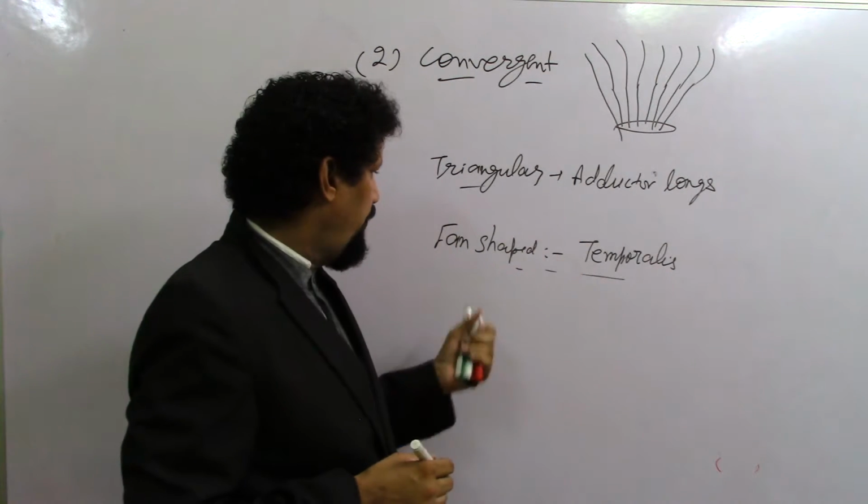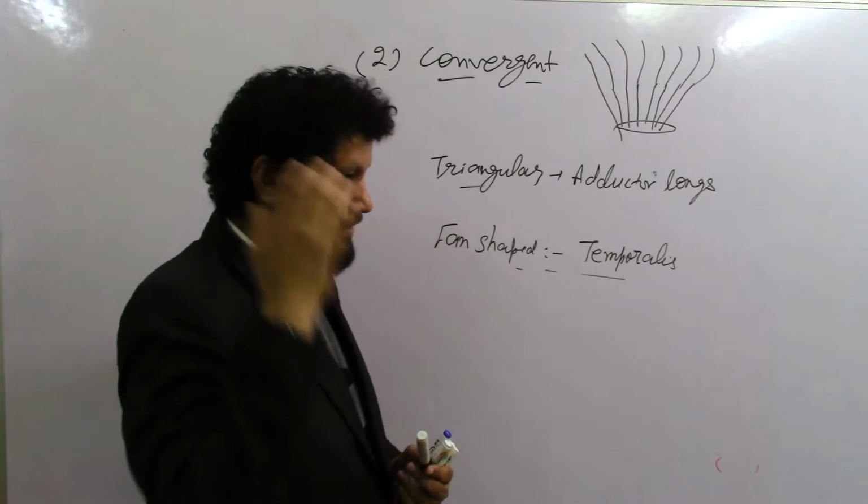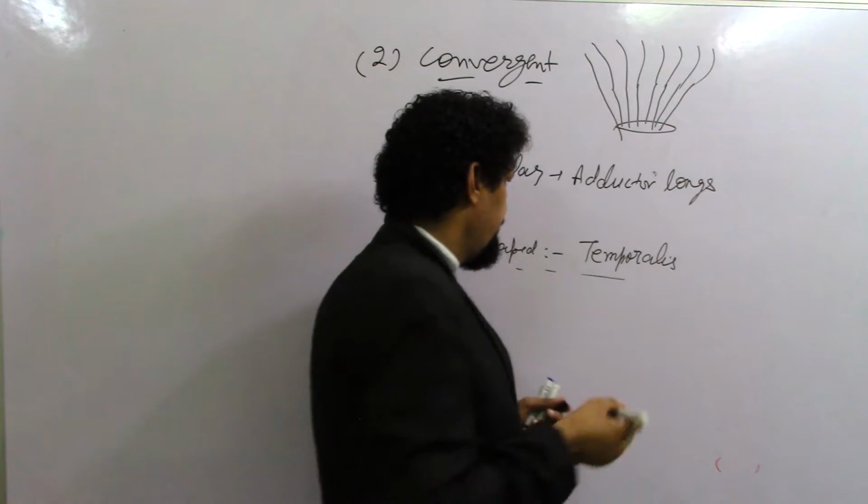When this arrangement is fan shaped, it is seen in the temporalis muscle, a muscle of mastication on the lateral part of the skull.